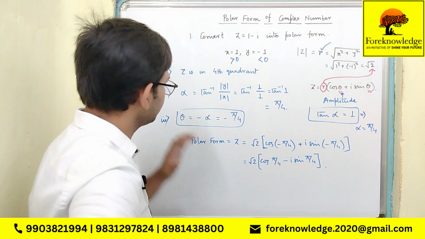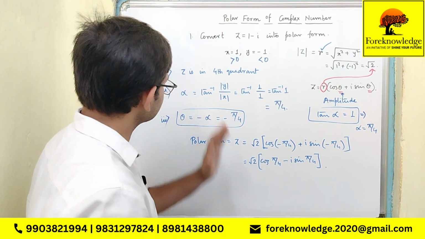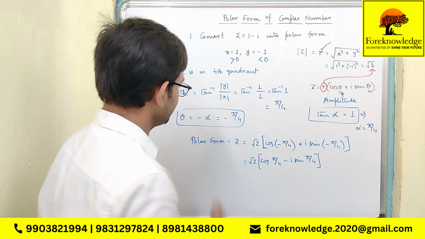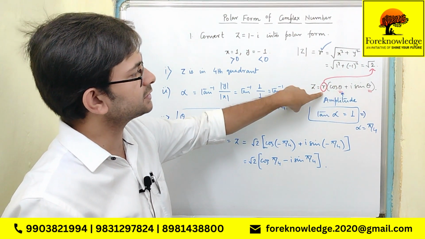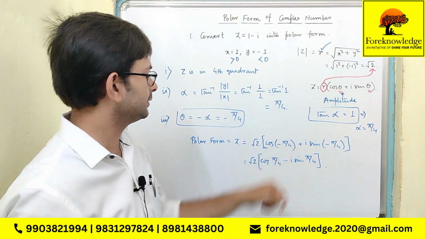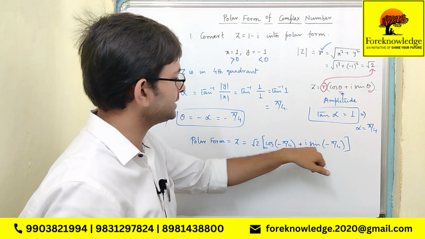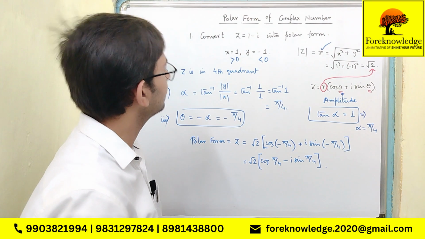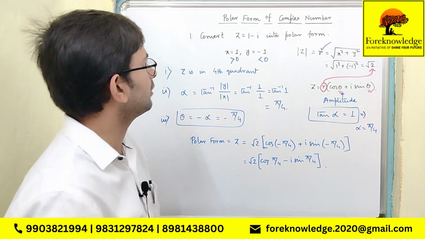That means if the complex number is in the fourth quadrant, then theta is nothing but minus alpha. So this is minus pi over 4. Now put it in this form, which is the polar form for z. z is nothing but root 2 times cos theta plus i sin theta, that is cos pi by 4 minus i sin pi by 4. That's how we solve the problem.